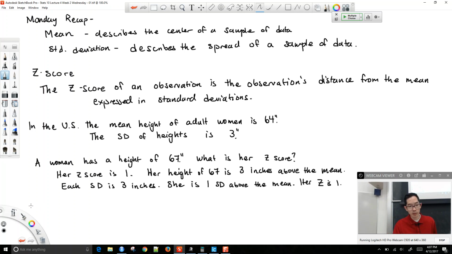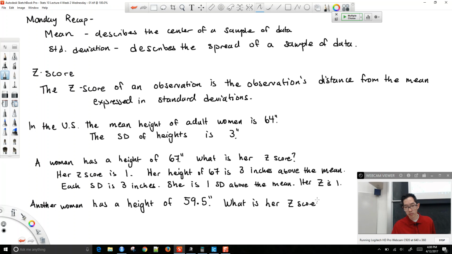Okay, let's try another one. Say another woman has a height of 59.5 inches. What is her z-score? What do you guys think for this one?